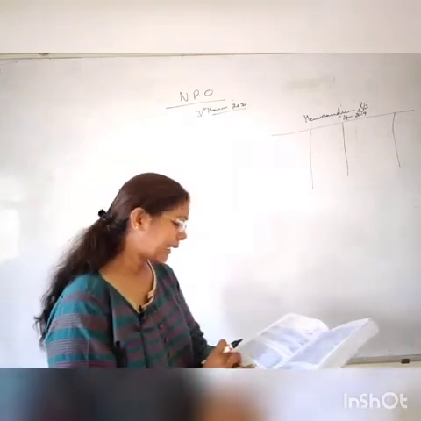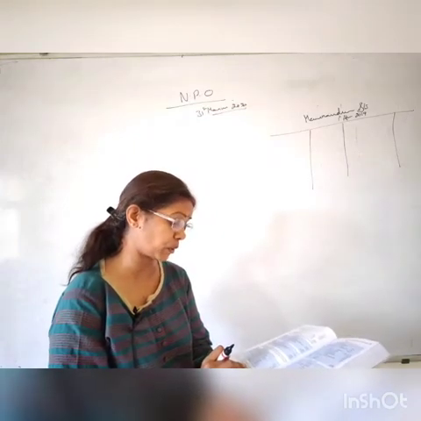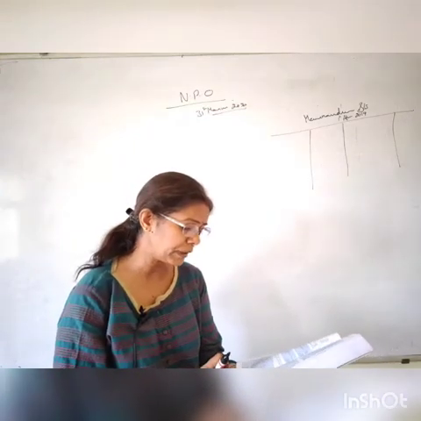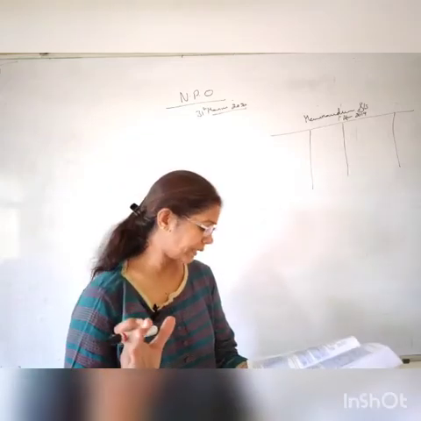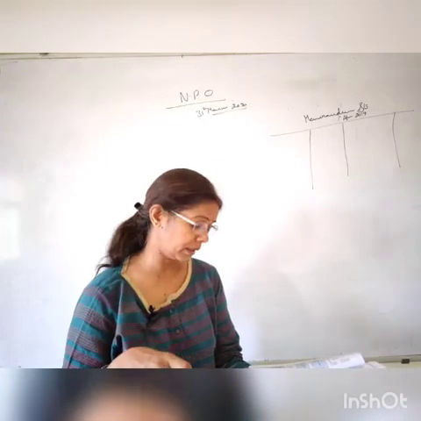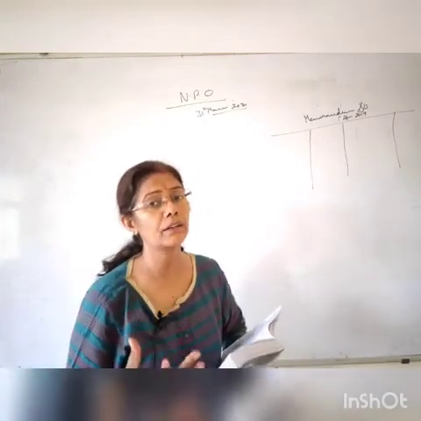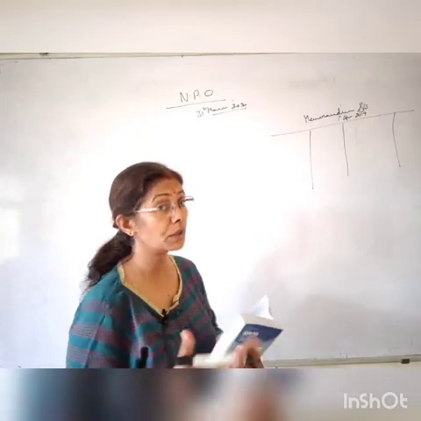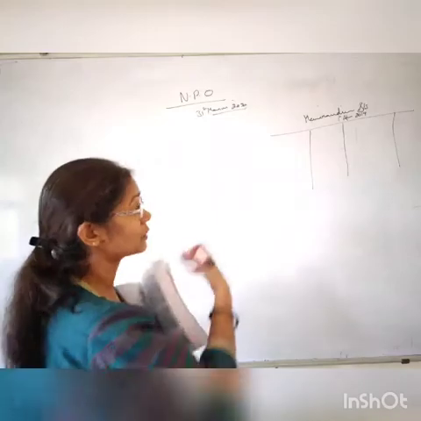So here the additional information: in the beginning of the year the club had books of rupees 3 lakh and furniture of rupees 58,000. Students pay attention, in the beginning of the year the club had books, that means at the starting of this year I have the books. Starting of the year means it is coming from the previous year's balance sheet, which is not given.